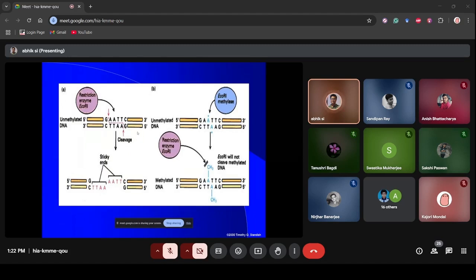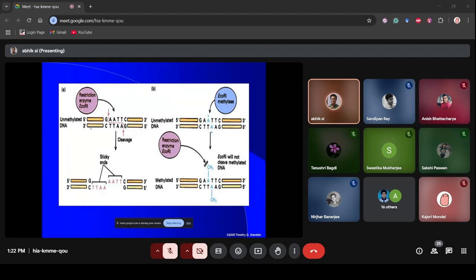Now suppose this is a viral genome, and it has entered inside a bacteria. It is a long gene, with some thousands of nucleotides.